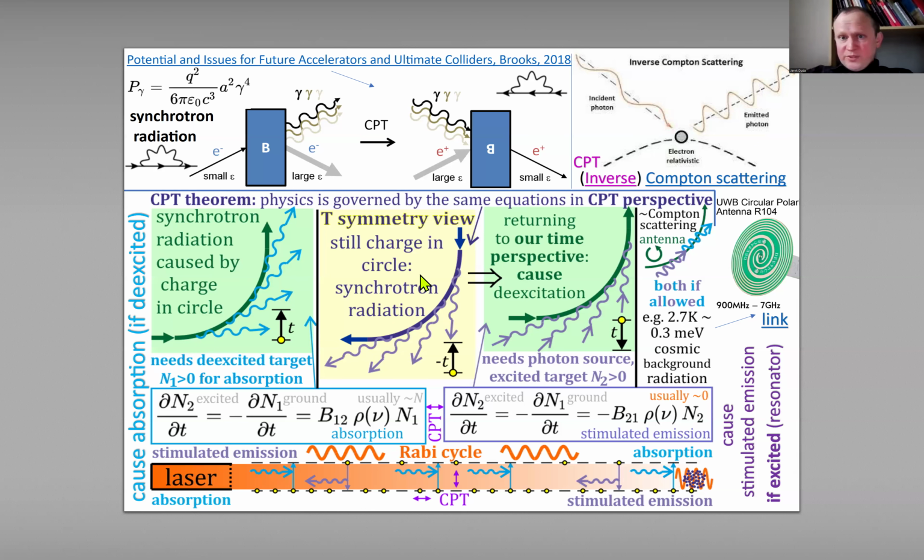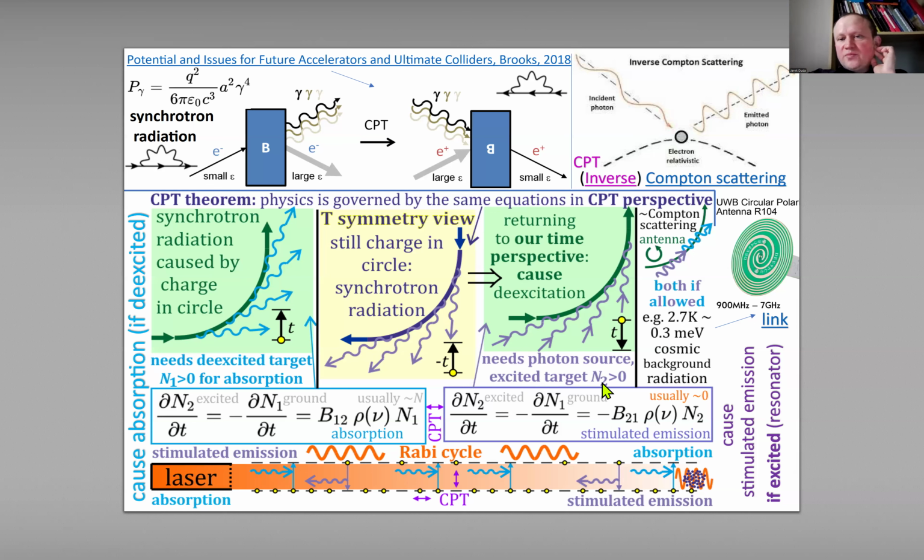But in our time perspective, these CPT photons, in fact, go here. So they do not excite the target, but cause de-excitation of the target. Yes, so the standard photons act with this equation and try to excite the target, while these CPT photons act with this equation and should cause de-excitation of the target. Kind of pulling photons.